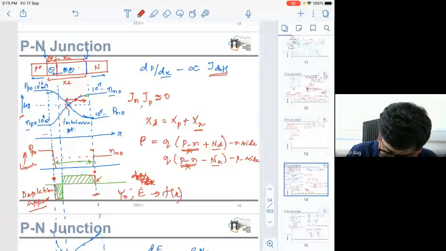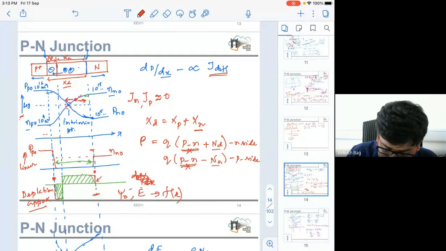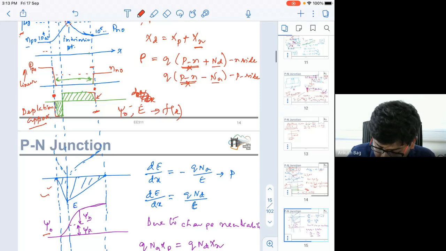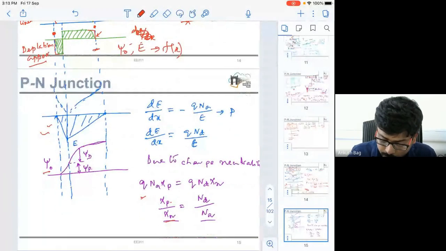Since this N side has low doping, the intrinsic point is shifted to the N side, and the majority of the total depletion region XD will be in the N side, because it has low doping compared to the P side. So these are the parameters we have observed pictorially.